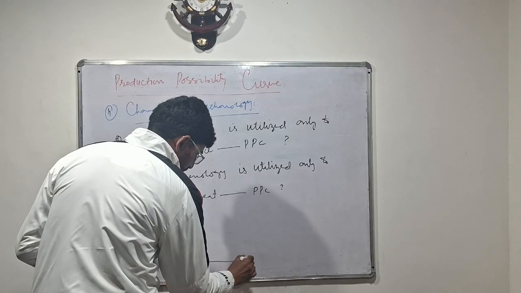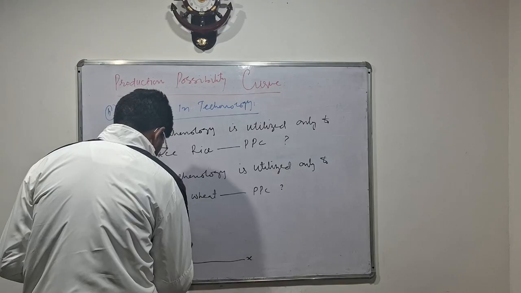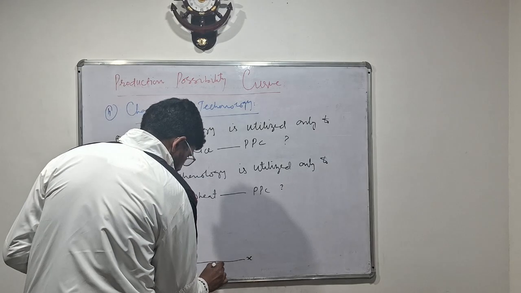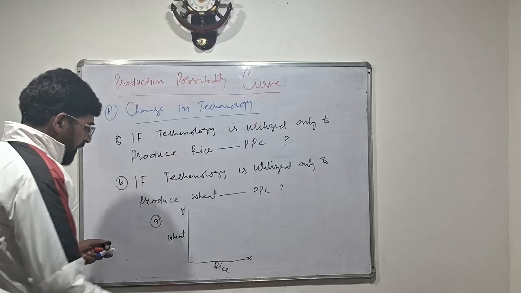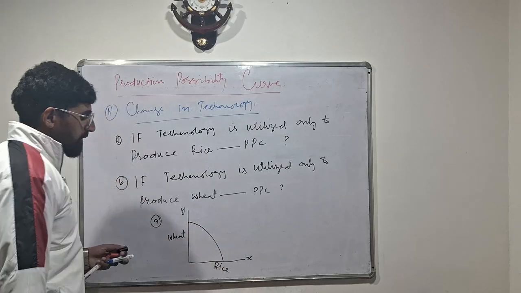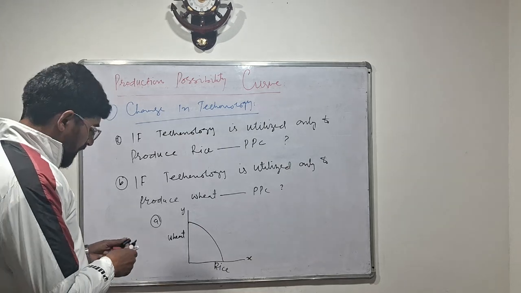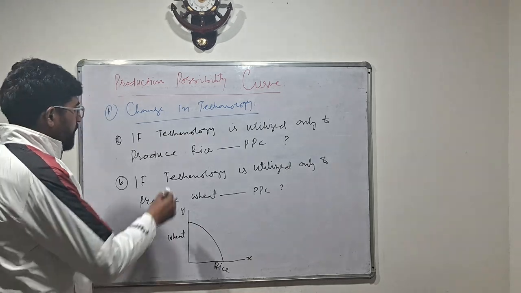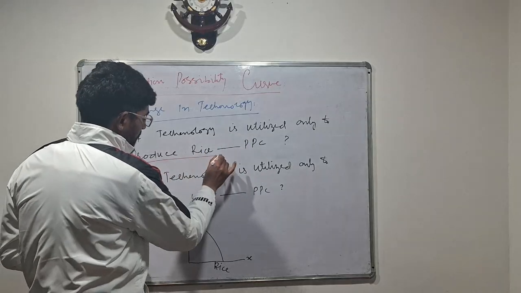It's simple. This is X, this is Y, this is wheat, this is rice. This is the PPC which we are already drawing. Now we have to know what will happen if technology is utilized only to produce rice.